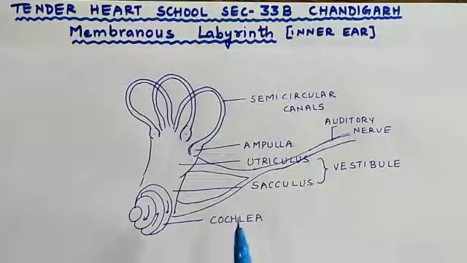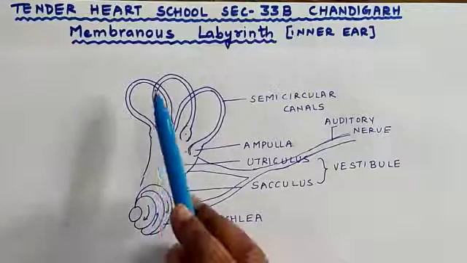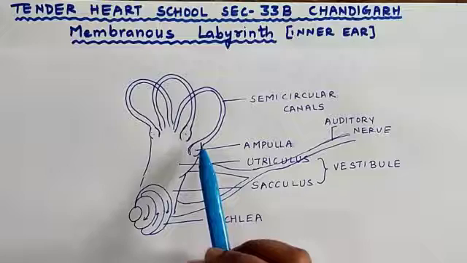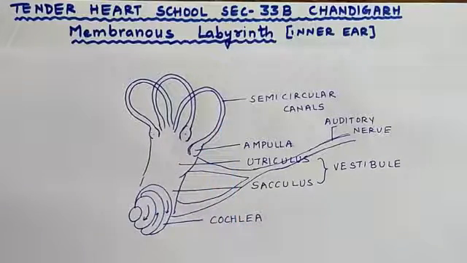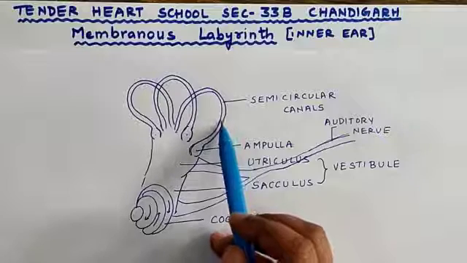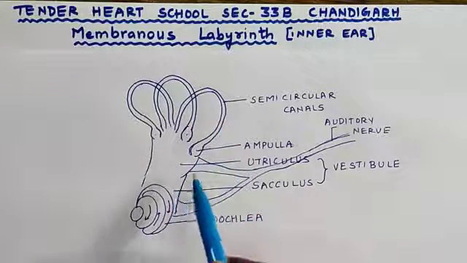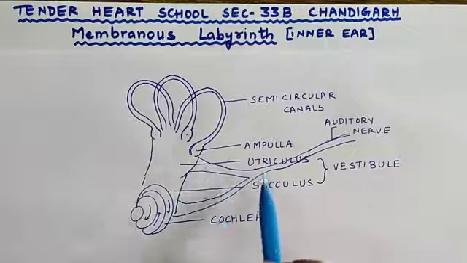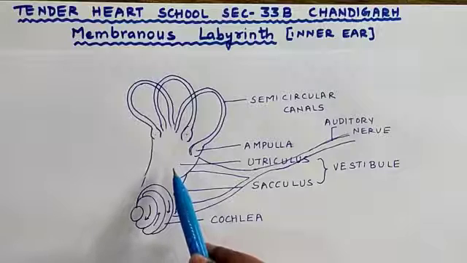So the major parts of the membranous labyrinth: the cochlea, which helps you to hear, having the sensory cells for hearing, the organ of Corti; three semicircular canals, which are responsible for the dynamic balance of the body; and then the vestibule, which is made up of utriculus and sacculus, and this region is responsible for static balance.